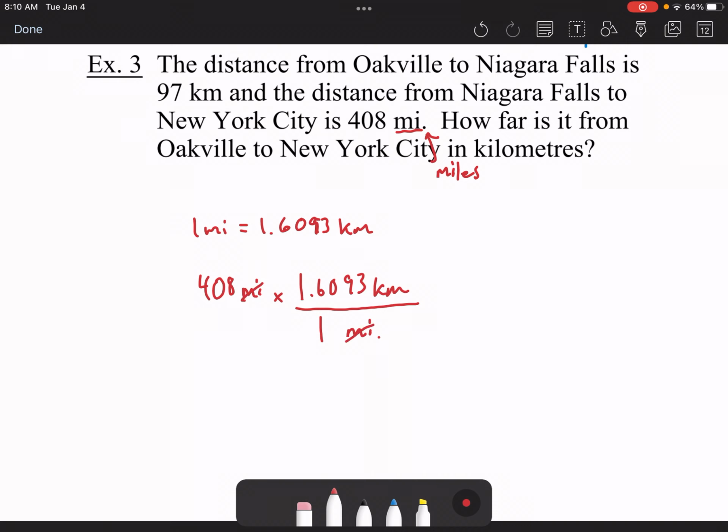Miles cancel out. Oops, my apologies. It doesn't work out approximately, it works out exactly as 656.5944 kilometers. And that's only from New York City to Niagara Falls.